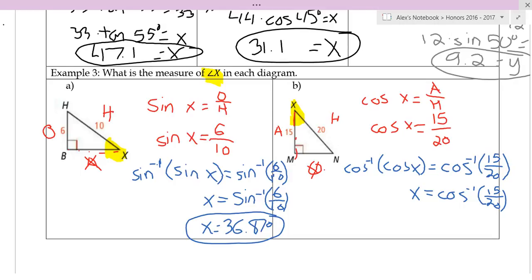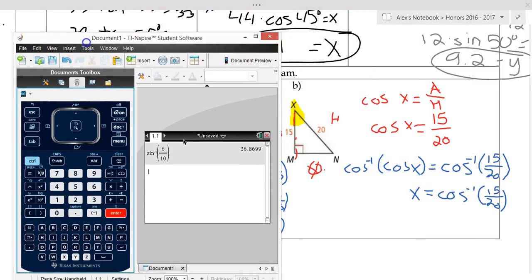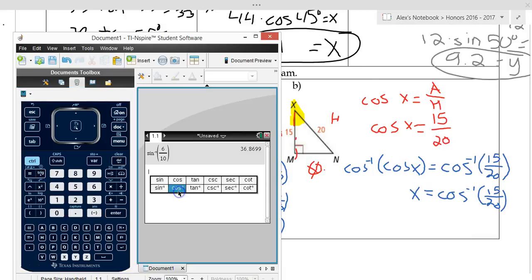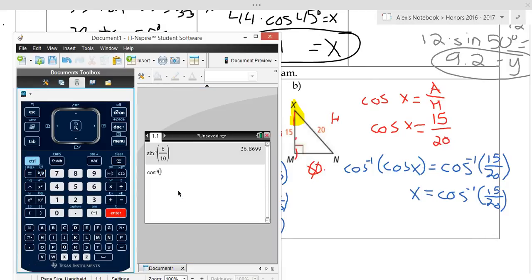So then x equals, again, we'll put this in our calculator under trig. I have the inverse cosine of 15 over 20. And I get 41.4096.